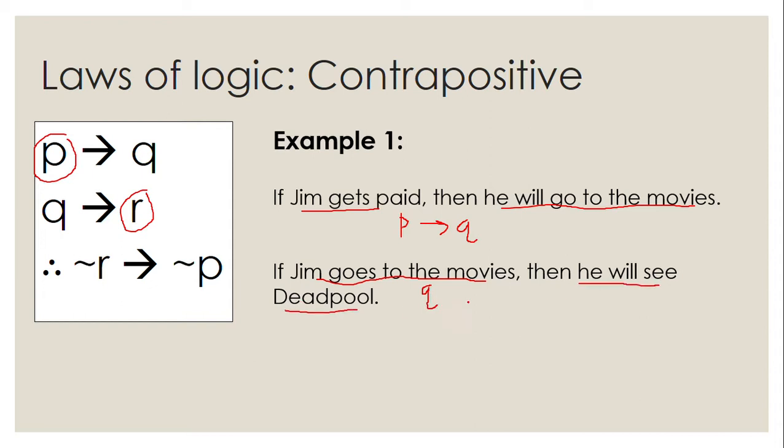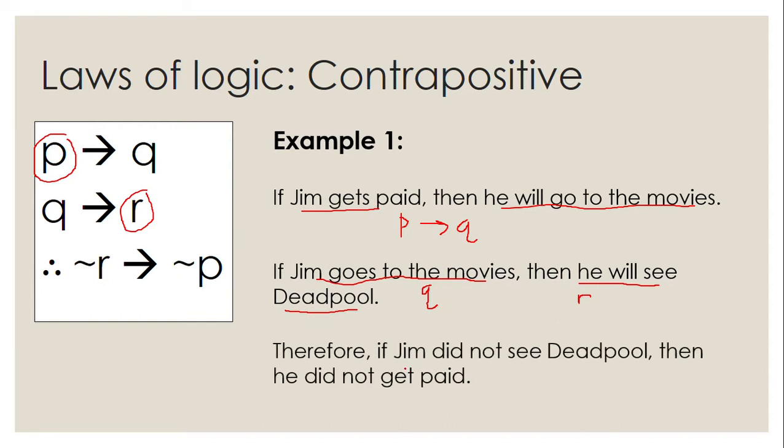That's a new idea, so we're going to call that R. So by the law of contrapositive, we should conclude that not R goes to not P. So what's not R? If R is we'll see Deadpool, not R would be he doesn't see Deadpool. And not P would be he doesn't get paid. So that's our conclusion. Therefore, if Jim did not see Deadpool, not R, then he did not get paid. So that's not P.